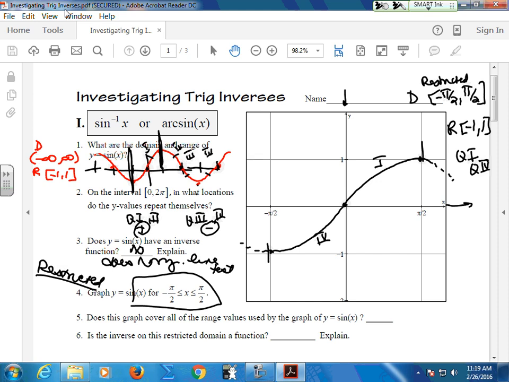So now look. When you broke this off and said don't pass by here anymore because you failed my horizontal line test, you went from 0 to 90. So isn't that quadrant 1? Think of your circle. From 0 to 90 is here, quadrant 1. Then you said, well, let me just go backwards because I didn't fail yet. I go backwards until I hit this spot and I say, whoops, I failed.